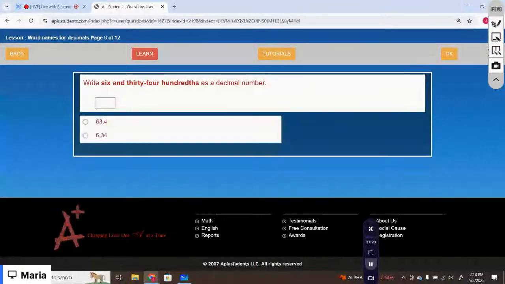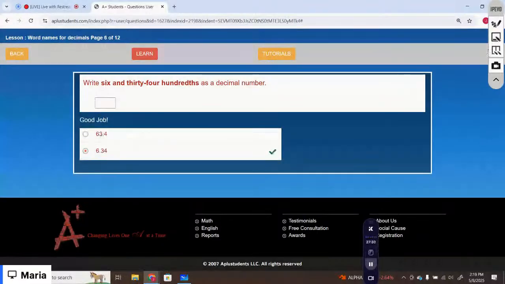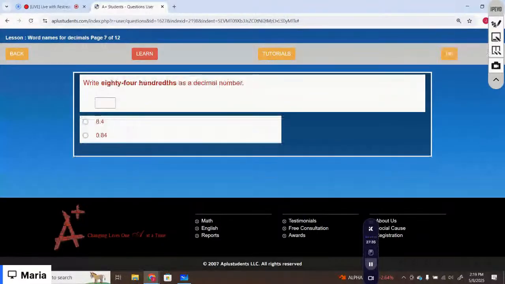That is 6.34. Option number 2 is the correct option. Right? 84 hundredths as a decimal number.